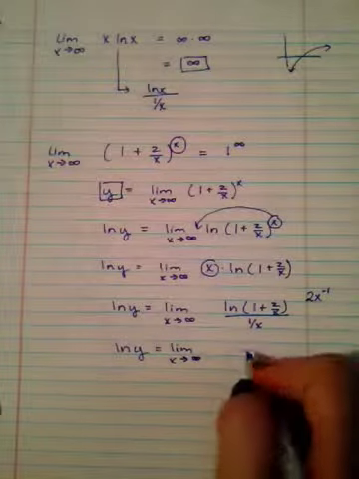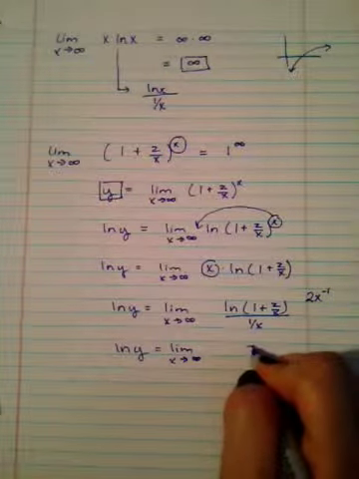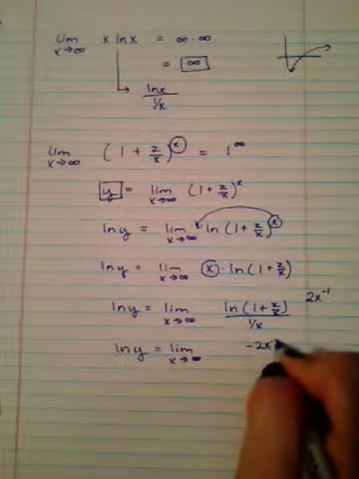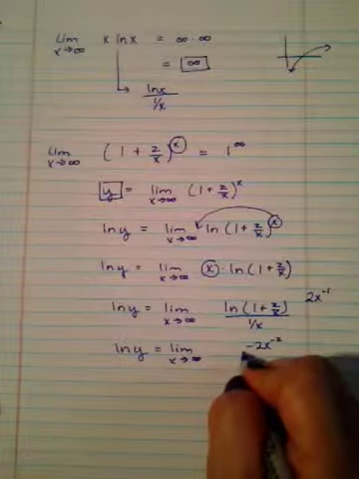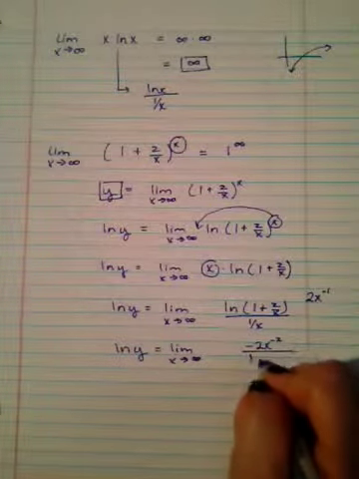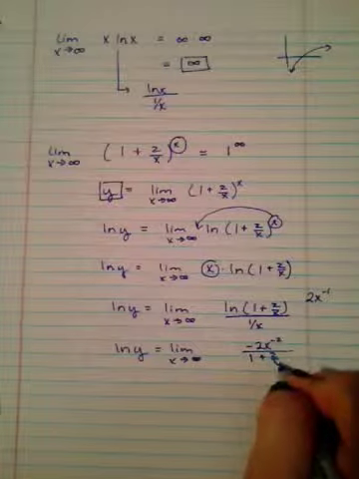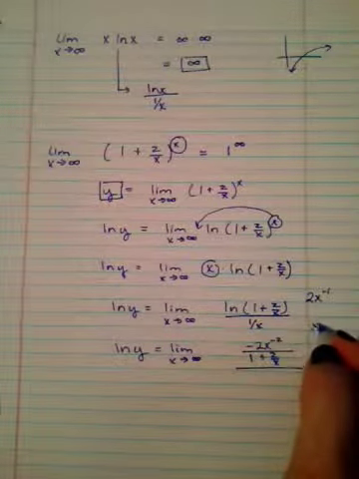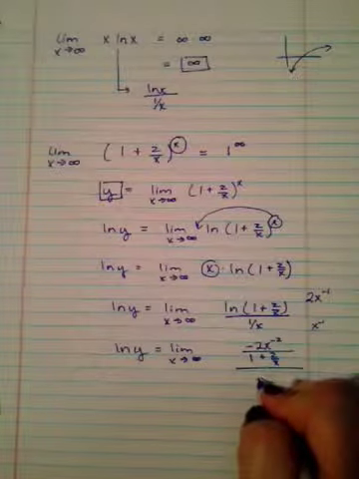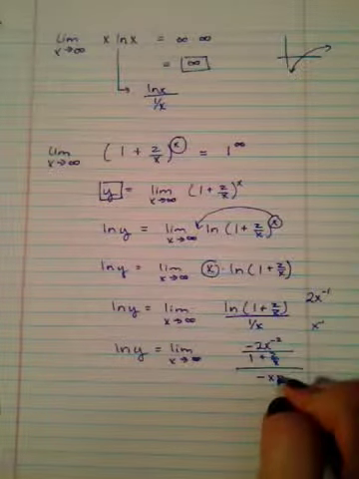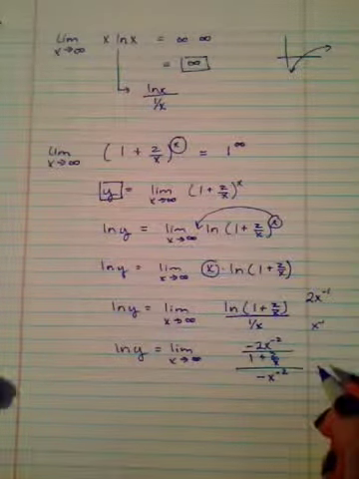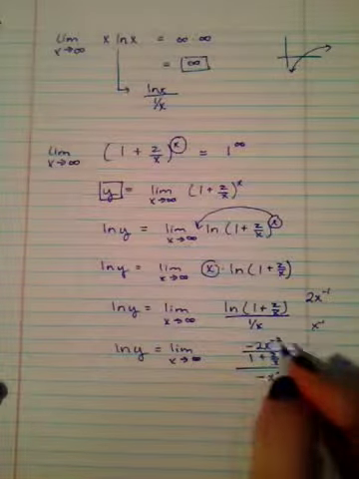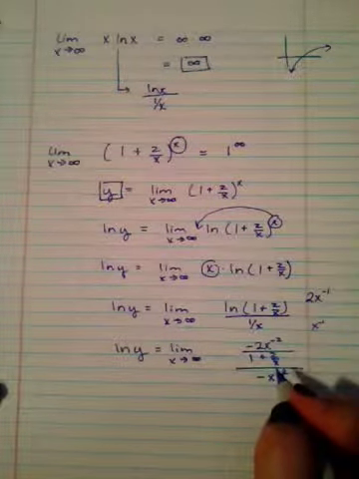So when I take the derivative of it, it'll be a negative 2x to the negative 2. That's my u prime over my u, 1 plus 2 over x, divided by x to the negative 1. So the derivative of that is a negative x to the negative 2. So I would rewrite all of this before I'd actually work with it too much.